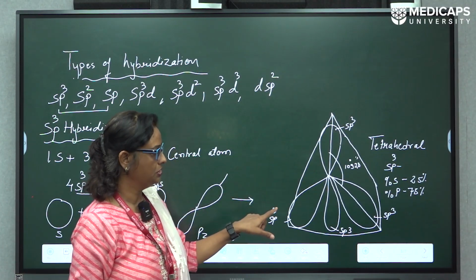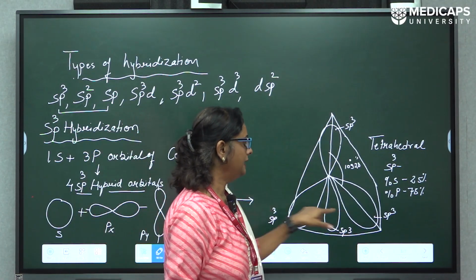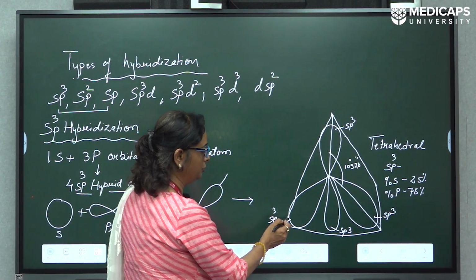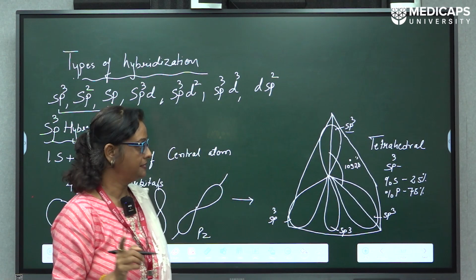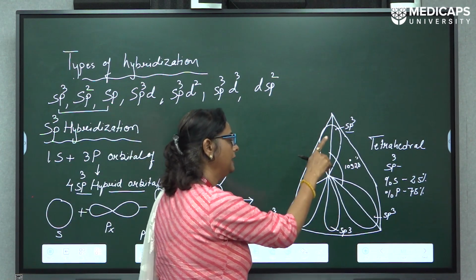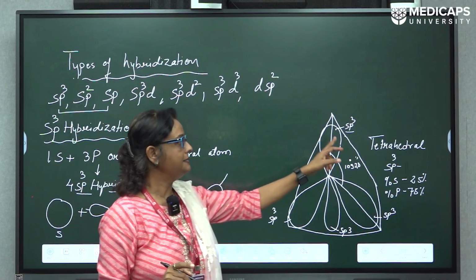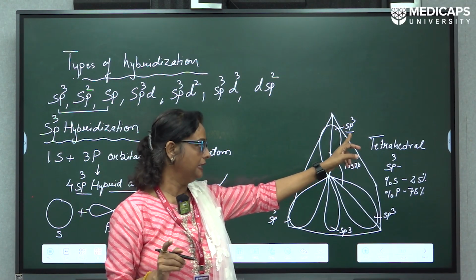In this hybridization, each and every new orbital possesses sp3 characteristics. It means each and every hybrid orbital has sp3 characteristics.